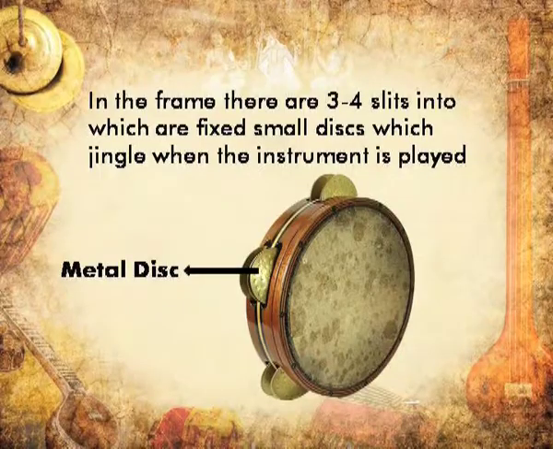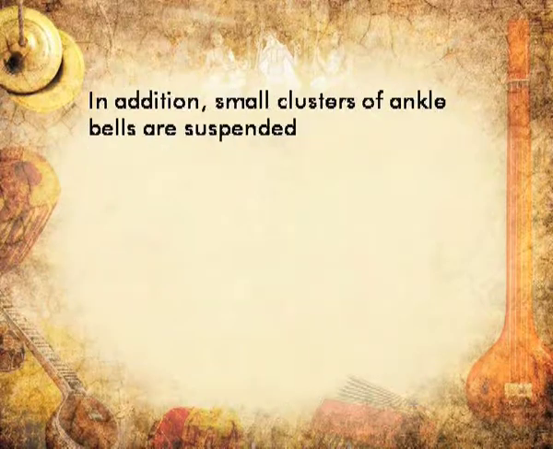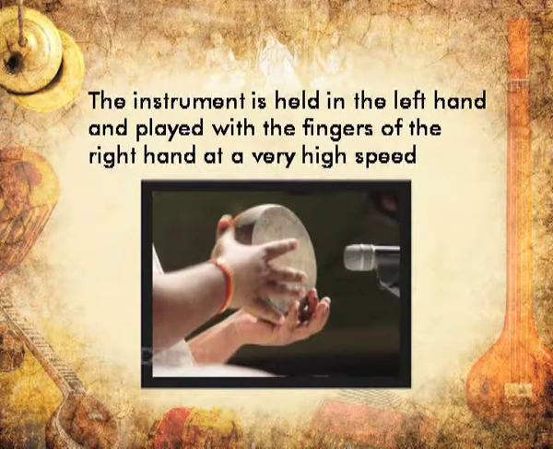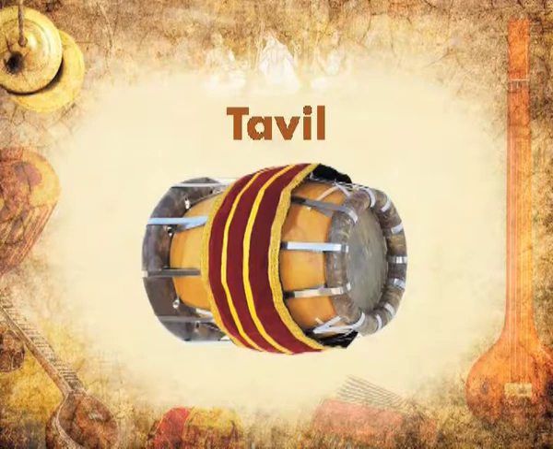In the frame, there are 3 to 4 slits into which are fixed small discs which jingle when the instrument is played. In addition, small clusters of ankle bells are suspended from hooks on the frame. The instrument is held in the left hand and played with the fingers of the right hand at a very high speed. Tubble.